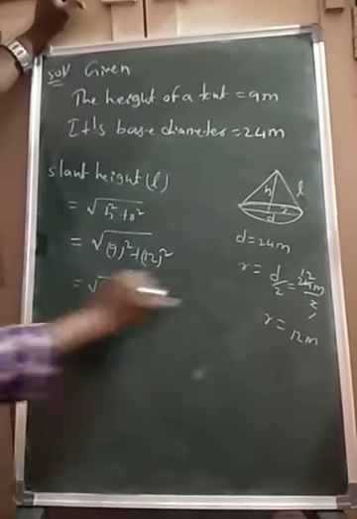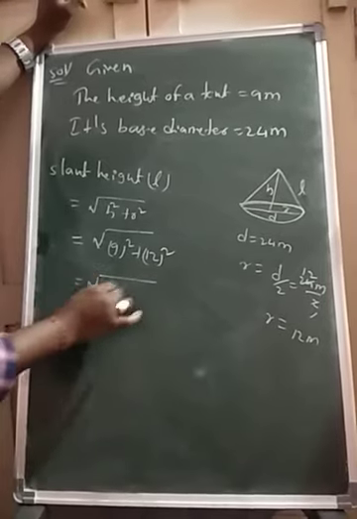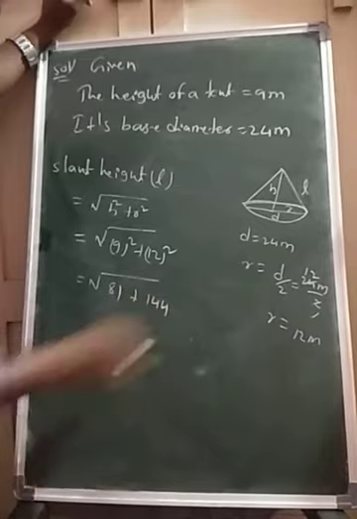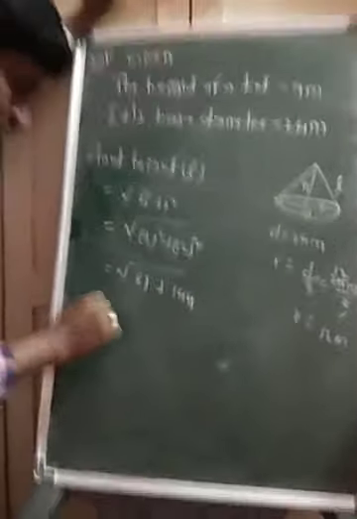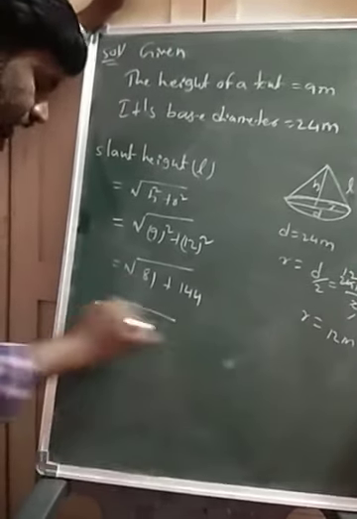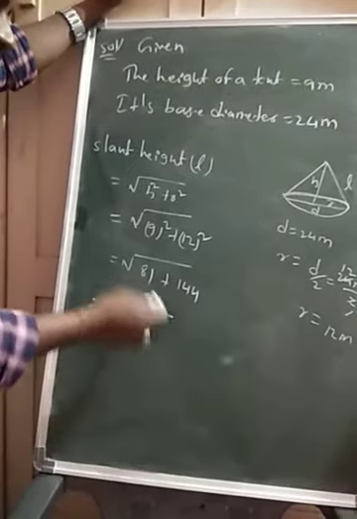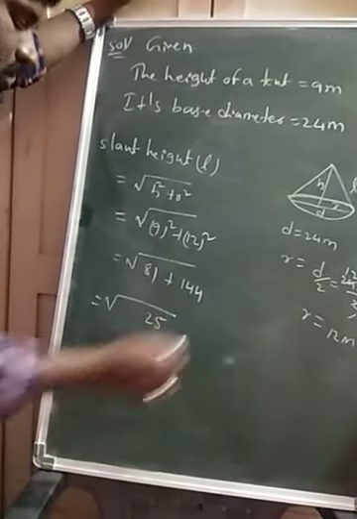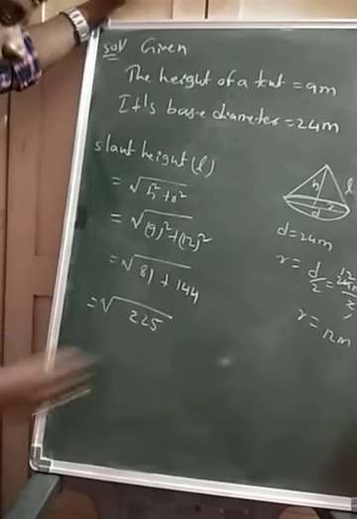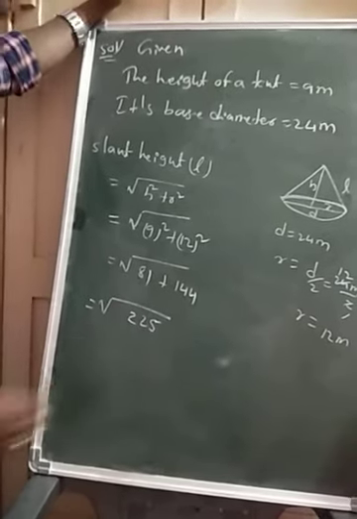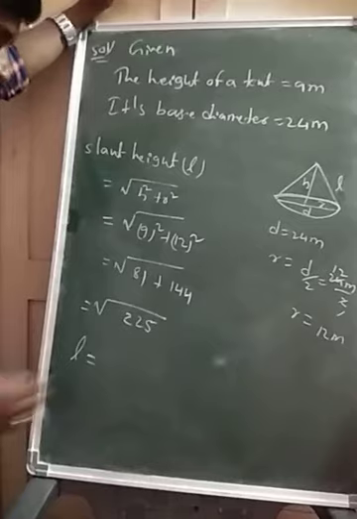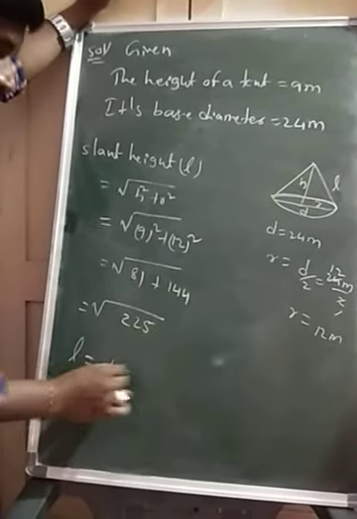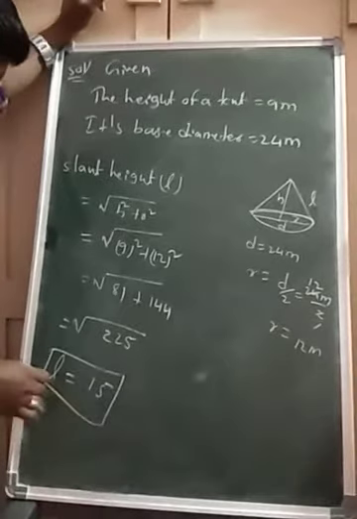That is the square root of 81 plus 144. After adding, that is 225. So the slant height L is the square root of 225, that is 15.